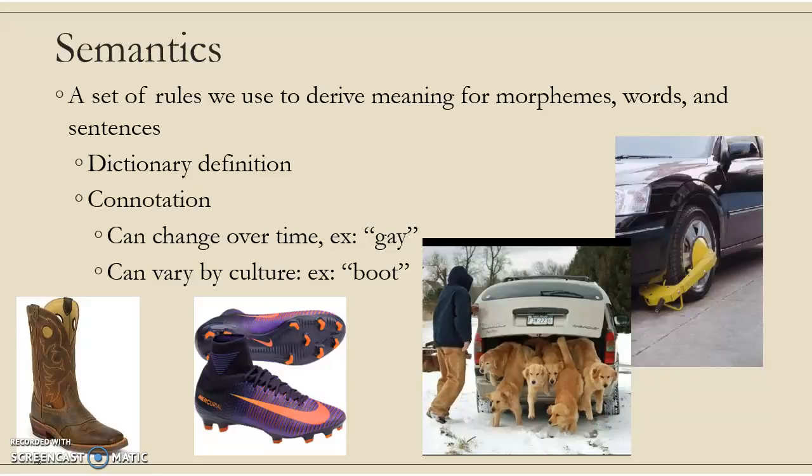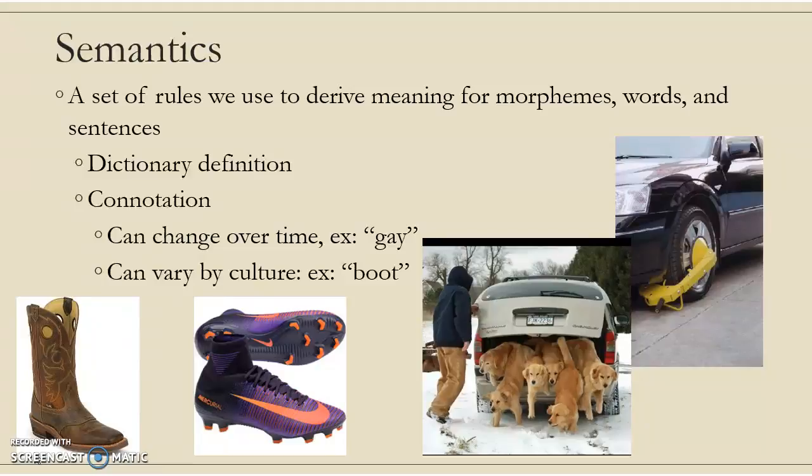So the dictionary definition and the connotation are two very different things. The denotation, which is the dictionary definition, is exactly what you would look up in the dictionary to see what the word means. Now the connotation is the meaning of the word in the sentence, or the meaning that we attribute to a word in our culture. And it's going to vary across time and across culture. So I gave you two examples here. The first one is the word gay.